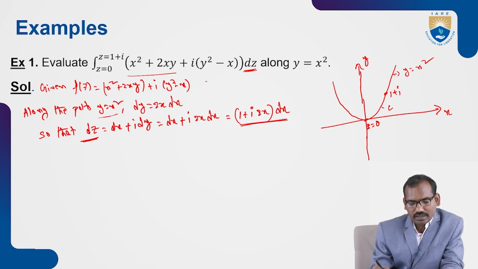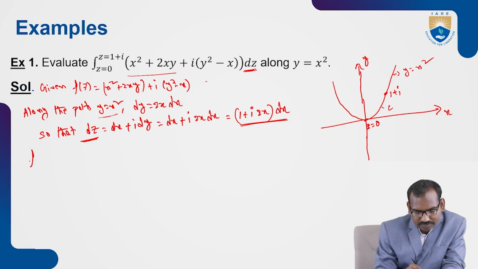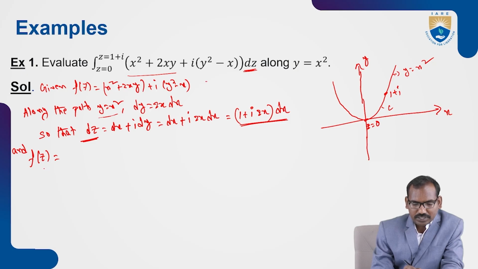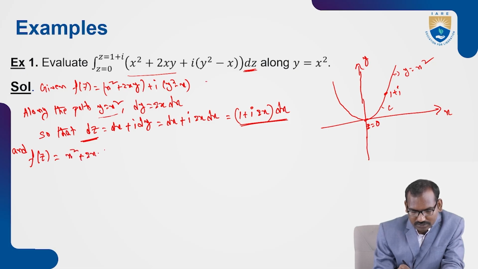Next, f of z. How can we write f of z? By using this relation between x and y, y is equal to x square. Here I can write f of z as x square plus 2x y, with y replaced by x square, plus i times x square whole square minus x.